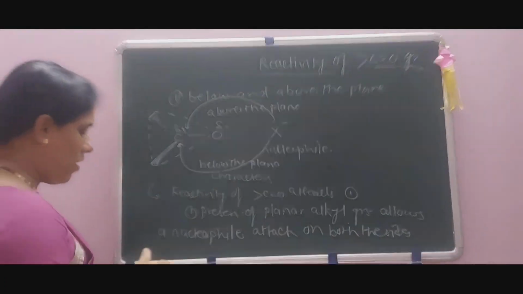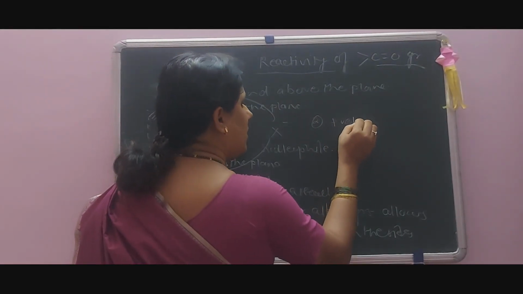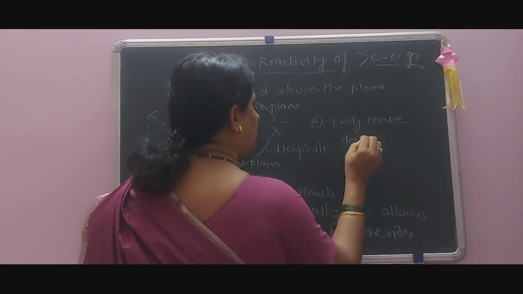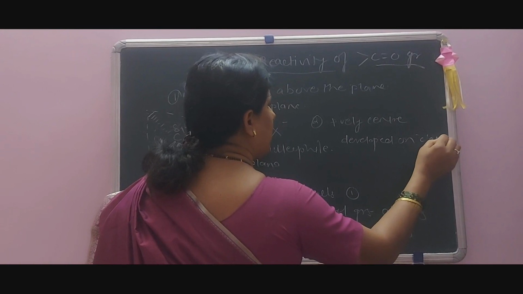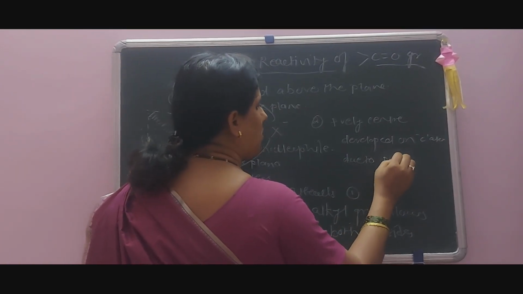Also, the second point is the positive center developed on the carbon atom due to its polarity.